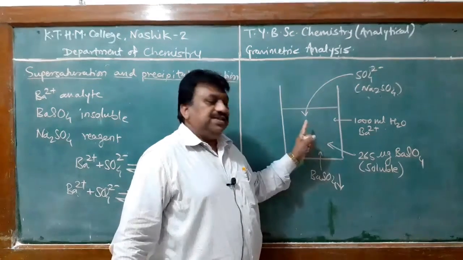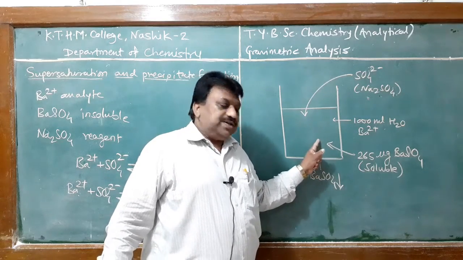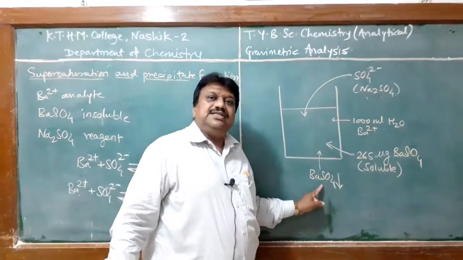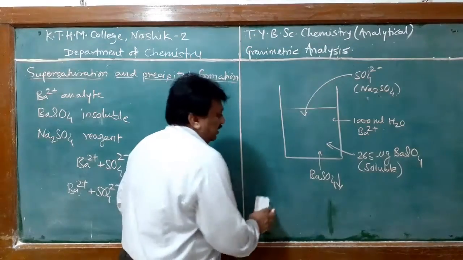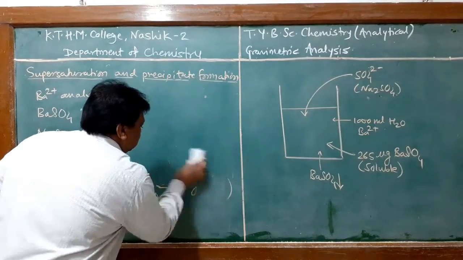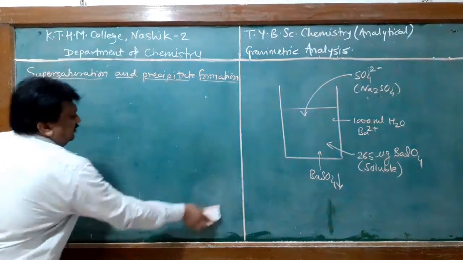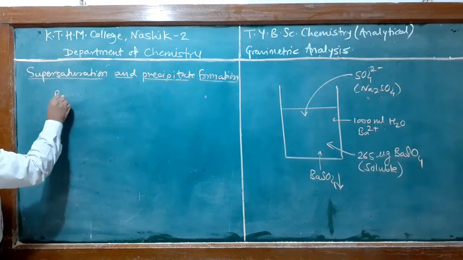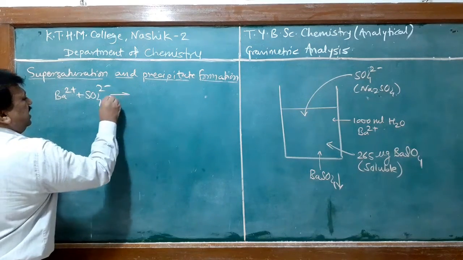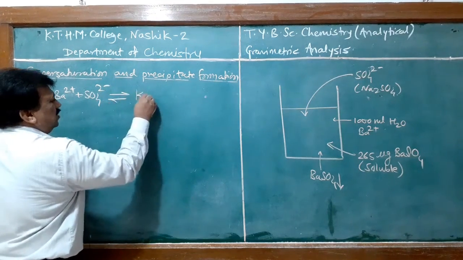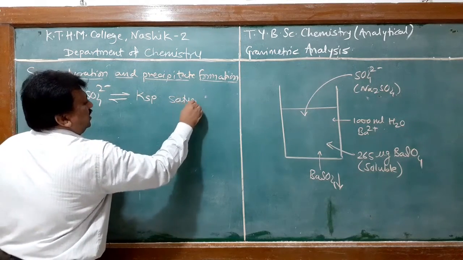At that time, this solution becomes supersaturated. If it becomes supersaturated, then it results in the formation of barium sulfate precipitate. And in this saturated solution, when Ba2+ and SO4 2- are in equilibrium with the solubility product, then it is a saturated solution.